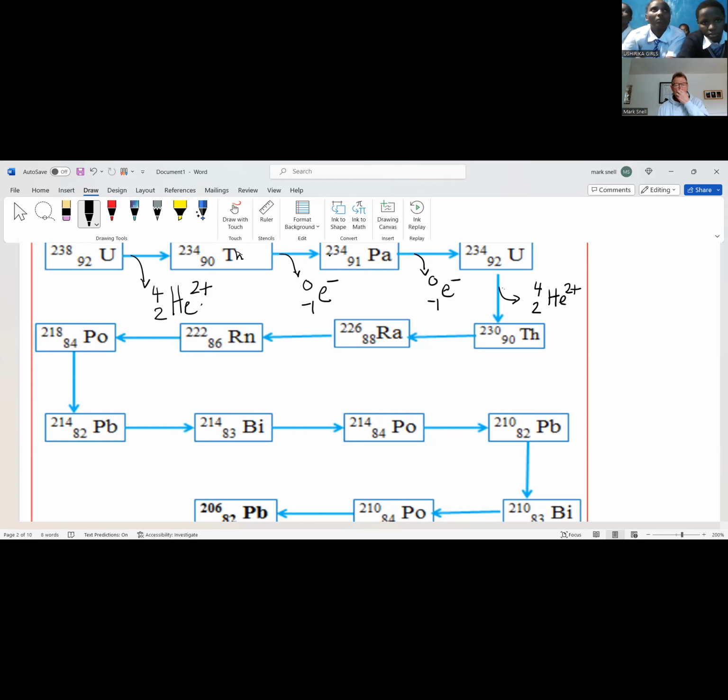So we would actually write it as, like in this very first one here, 238 92U turns into TH, which is 234 90 plus either alpha or beta, 42HE2 plus. Okay, I hope everybody gets that. So that's how you write them.